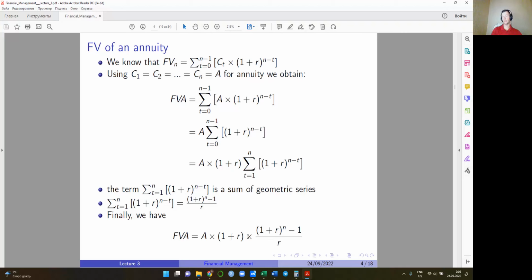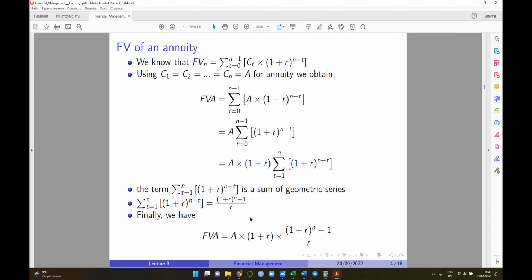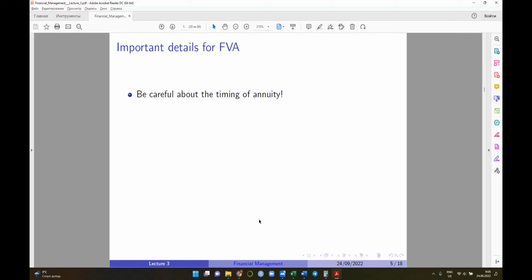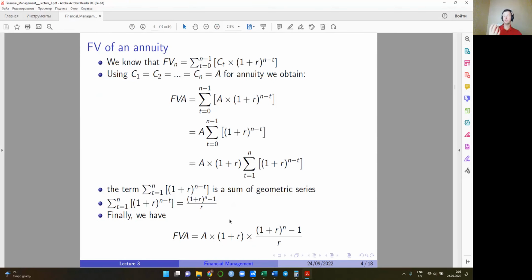Well, in principle, we can multiply by 1 plus r here, and then we will get something less nice than what we have. So the feature that annuity has equal payments gives us an opportunity to compute future value in a simple way.